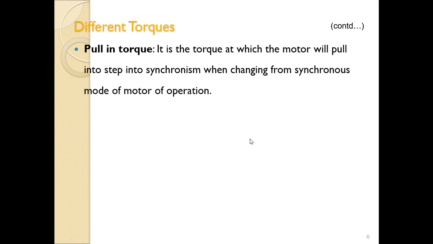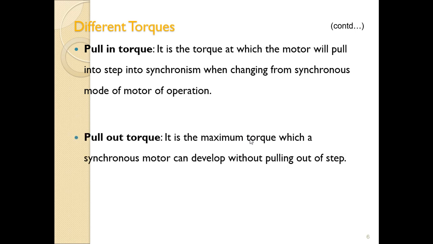The torque available at that time is called pull-out torque. When alpha is 90 degrees, the torque available is the maximum torque.